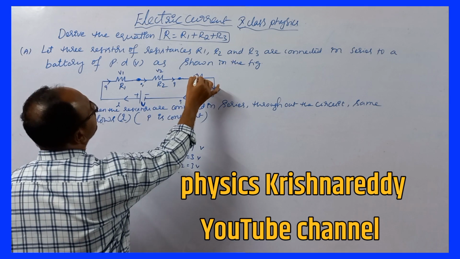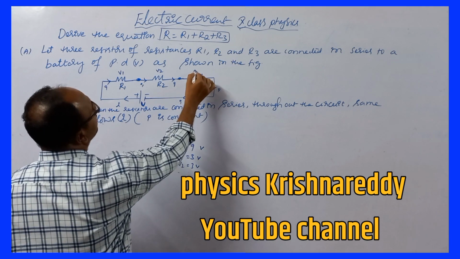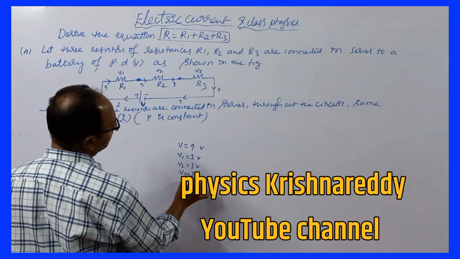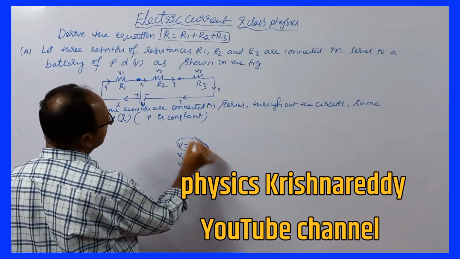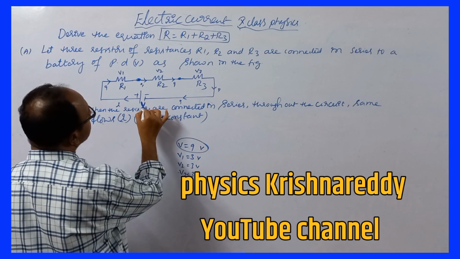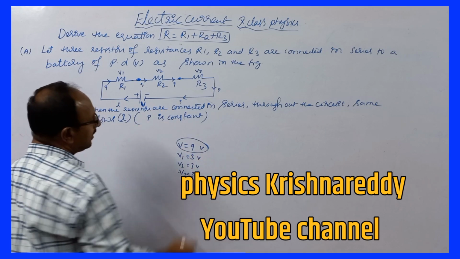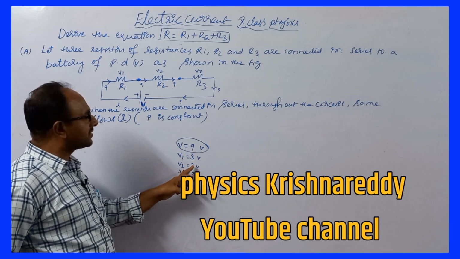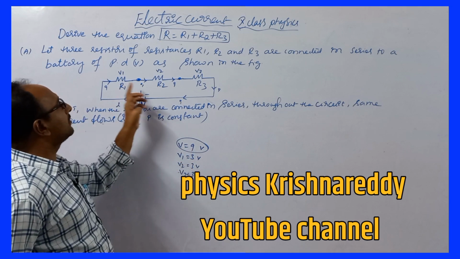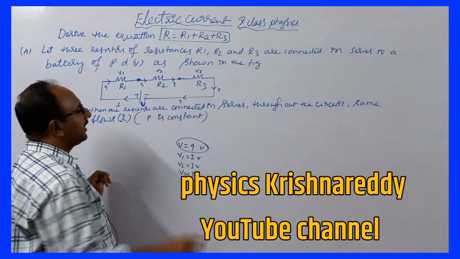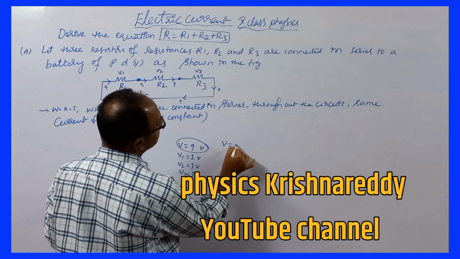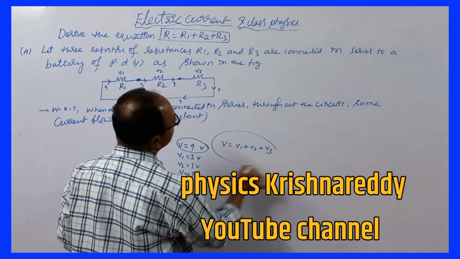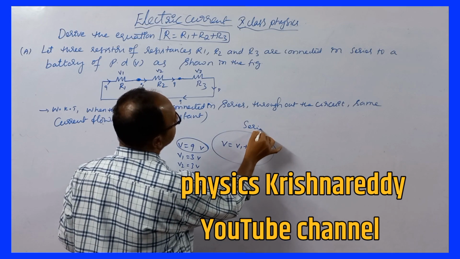Across the ends of R3, it also shows 3 volts. So the total potential difference of the battery is 9 volts, splitting as 3 volts, 3 volts, 3 volts across R1, R2, R3. It means that V is V1 plus V2 plus V3. This happens only in series.